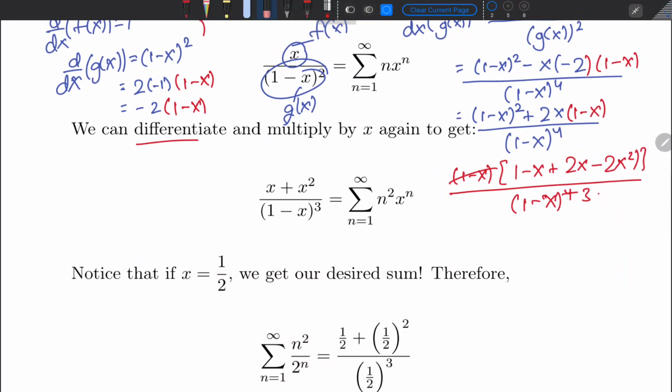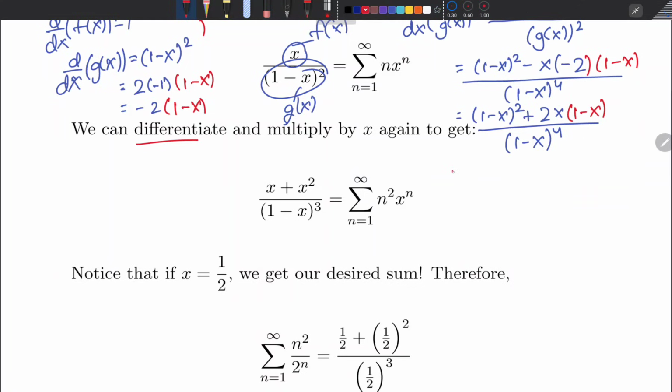And we have just taken it common out. Like, we have just pulled out 1 minus x, a factor, from the numerator. So what we're going to have here is 1 minus x plus 2x, and now it's perfectly fine.